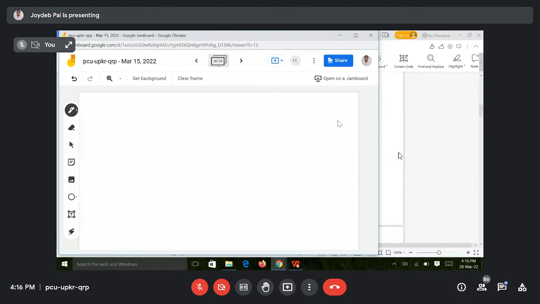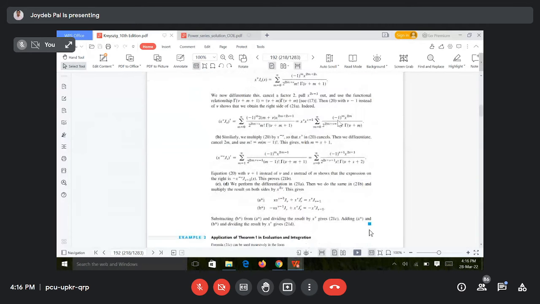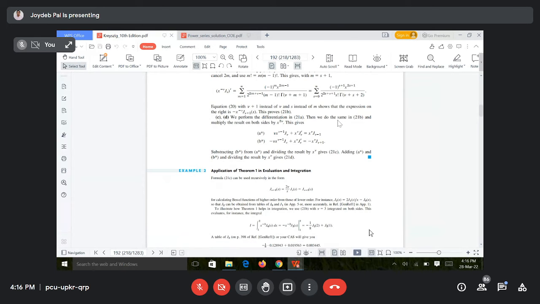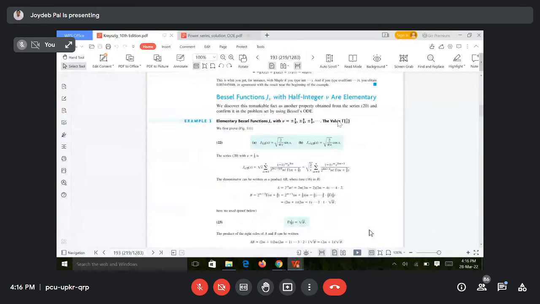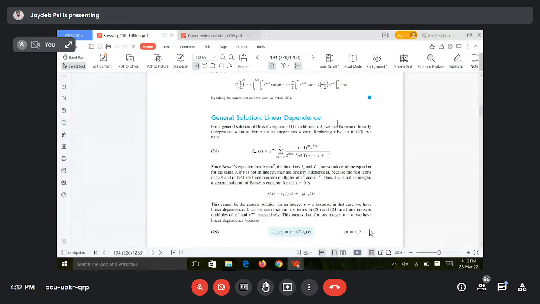Now, see another important property. Here it is shown that if n is an integer, then J of minus n x is equal to minus 1 to the power n J n x.